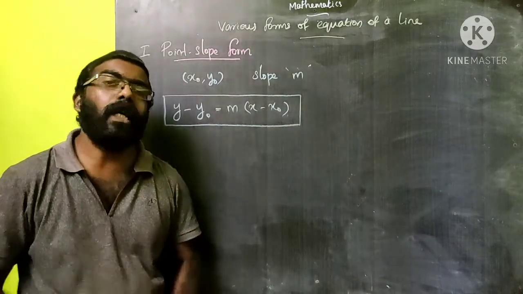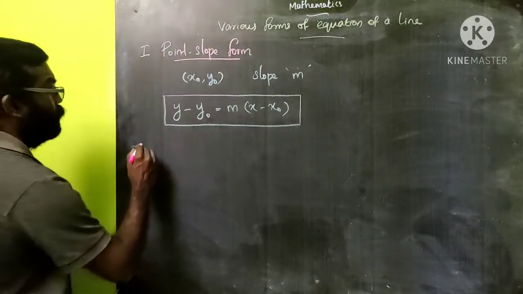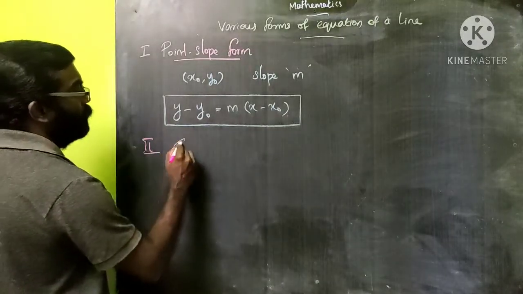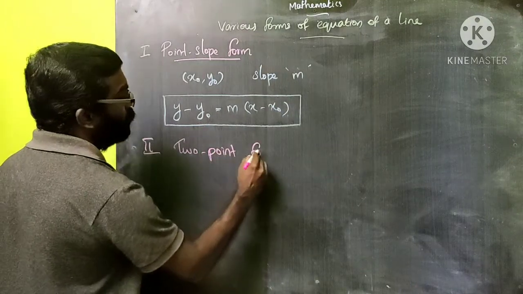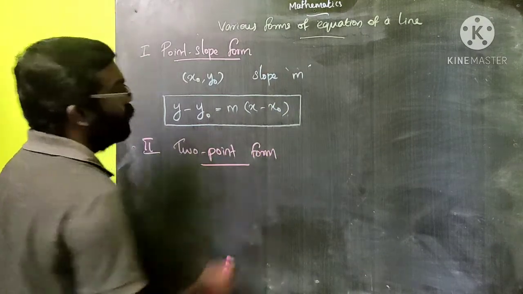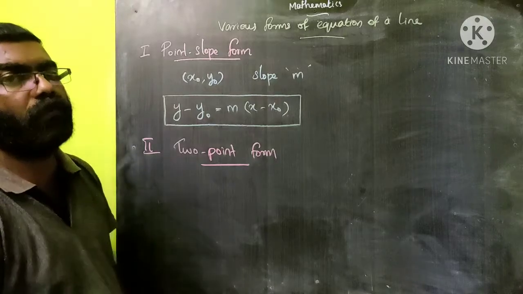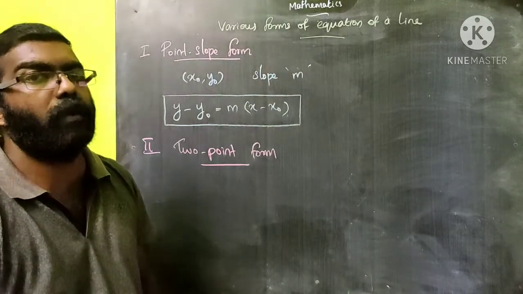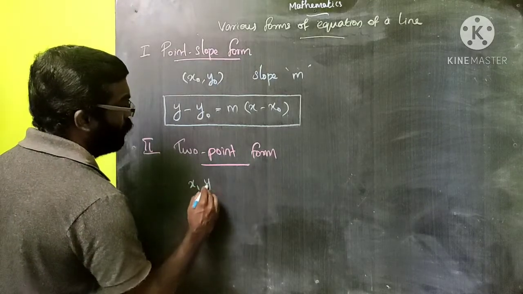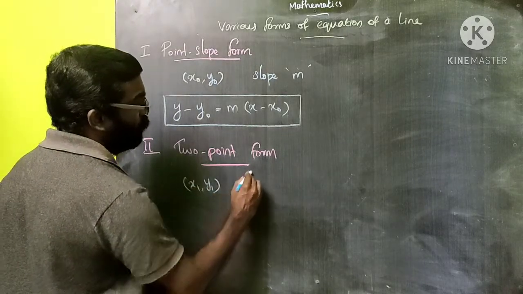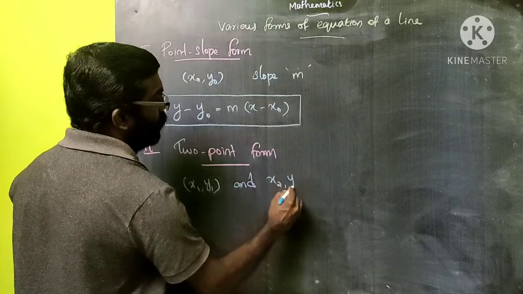Okay. And the second one is two-point form. Two-point form means equation of a line passing through two given points. Let us take the points as x1, y1 and x2, y2.